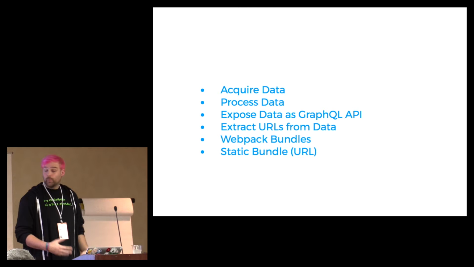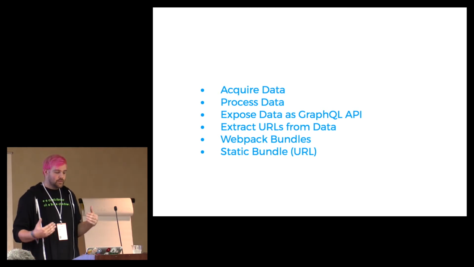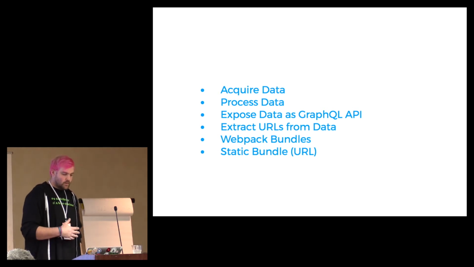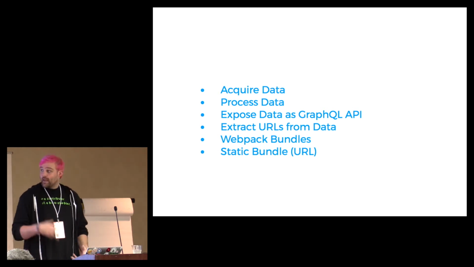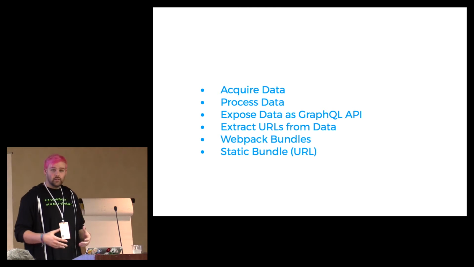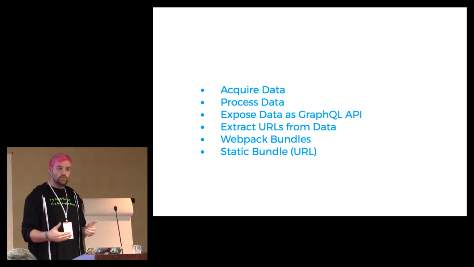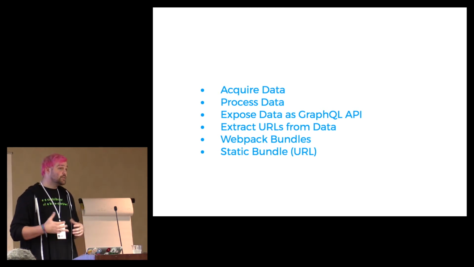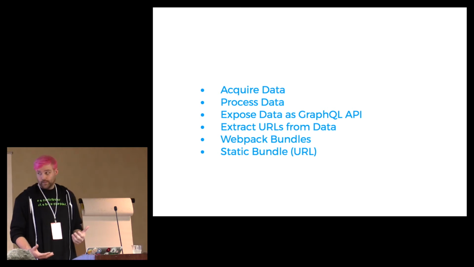The next step is to expose this data as a GraphQL API. And the GraphQL API is our central interface to all of our data. We have to extract the URLs from that data before we render. So we extract them, we send them into the Webpack bundles. One of them is the static bundle, one of them is the client bundle. You don't necessarily need to use the client bundle, but it is there if you want it.